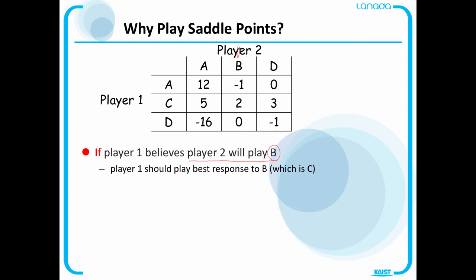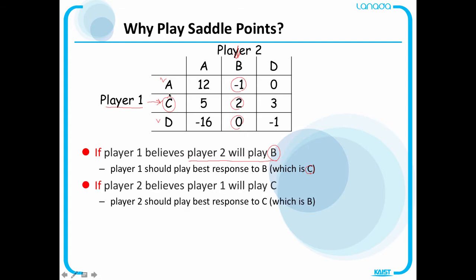One of the obvious, natural and rational choices is that player 1 should play C, because choosing C is the best response to B. Best response means that if player 2 plays B, then player 1's payoff is -1 for A, 2 for C, and 0 for D. So obviously player 1 will choose C, if player 1 believes player 2 will play B.